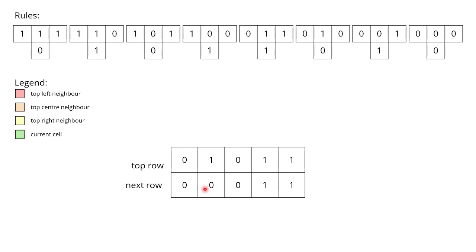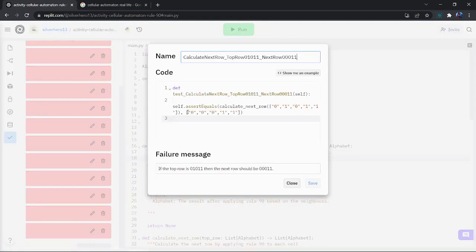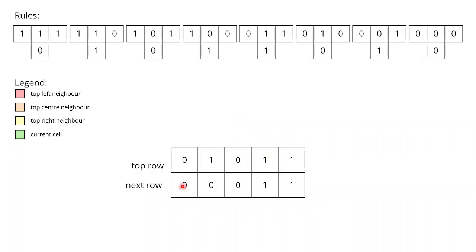So, ang result dayon sa next row nga na-calculate is 0, 0, 1, 1. So, if we take a look back at the code for the unit tests, kita ninyo diri 0, 0, 0, 1, 1. Ni-match siya diri sa next row, 0, 0, 1, 1.